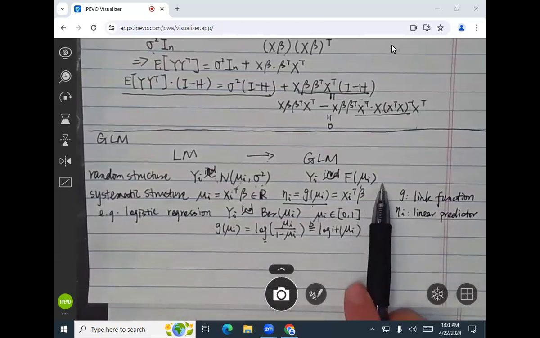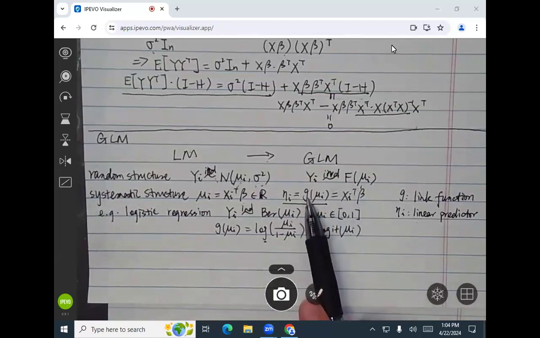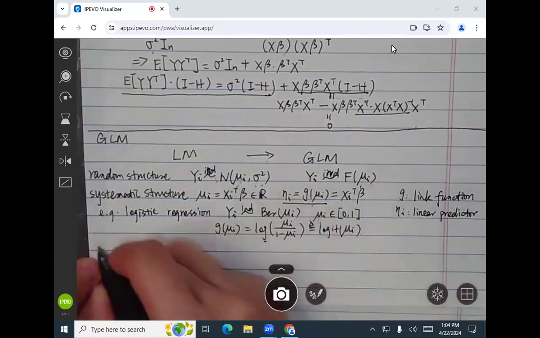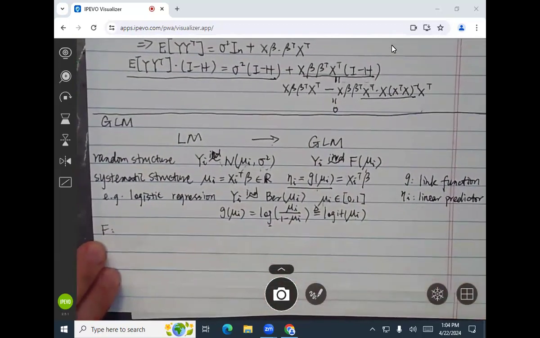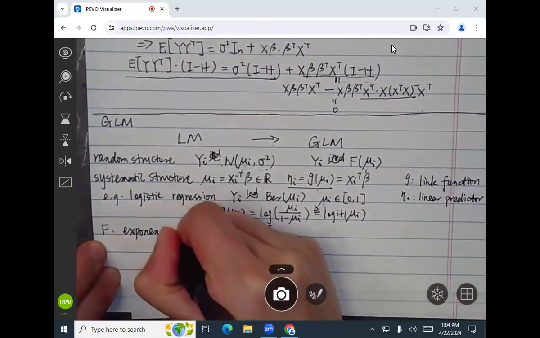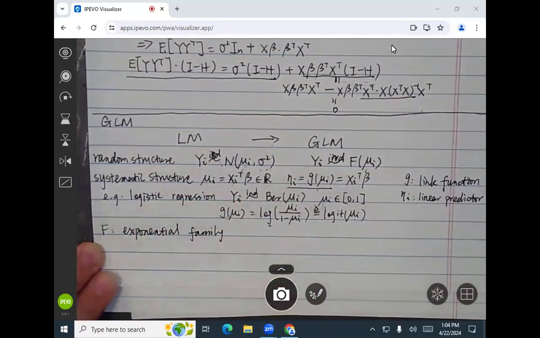Today, we will give you some general forms of the F distribution and also the corresponding g, the link function. For F, for the random structure, in statistics, or mathematical statistics in particular, people like to talk about the exponential family. The exponential family is a general class of parametric distributions.